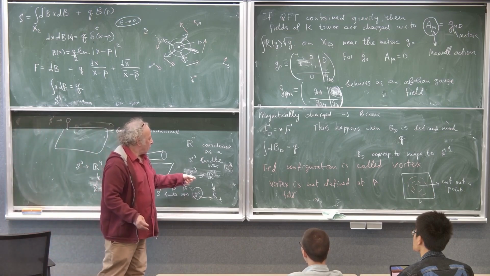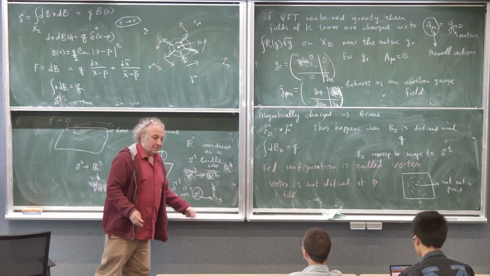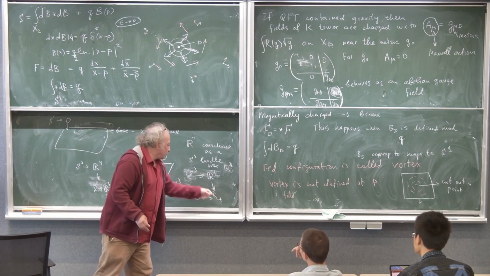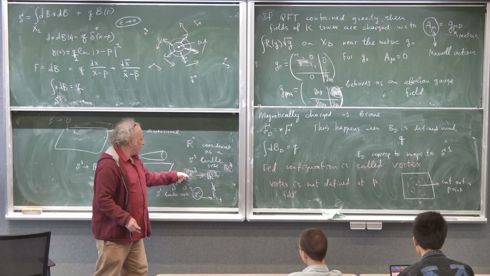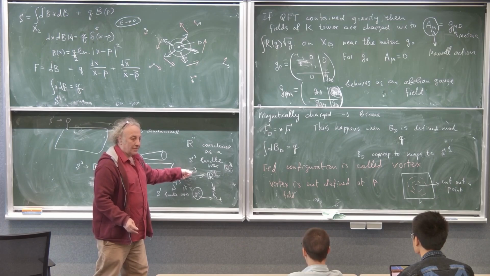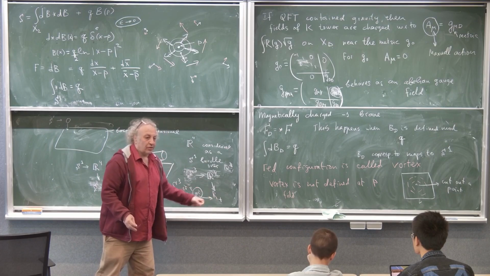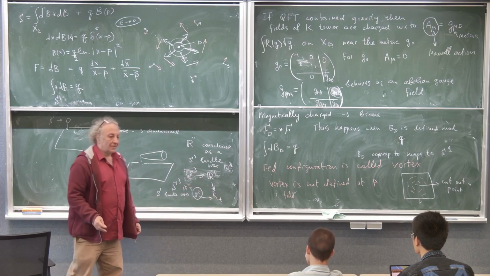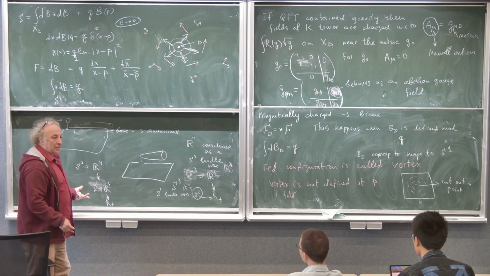I know that R4 is an S3 bundle over R plus, right? It's a radius, it's an angle. Then I pick out S1 from this, extract S2 and put it together with R plus. So please believe me that this construction works.